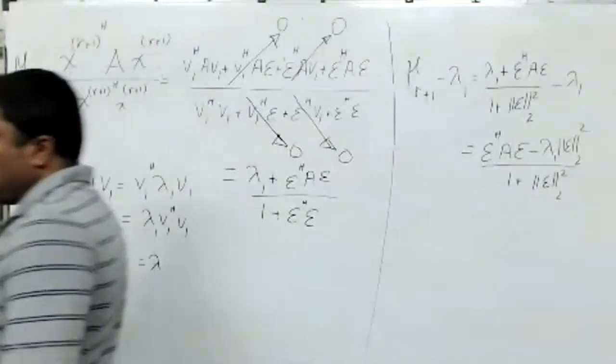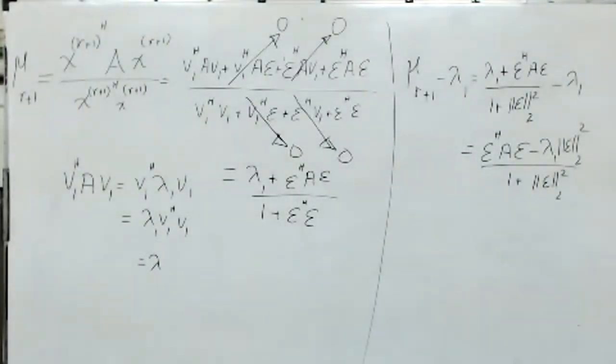Okay, so you have this. Now you want to show that mu_{r+1} goes to lambda 1 as r goes to infinity.